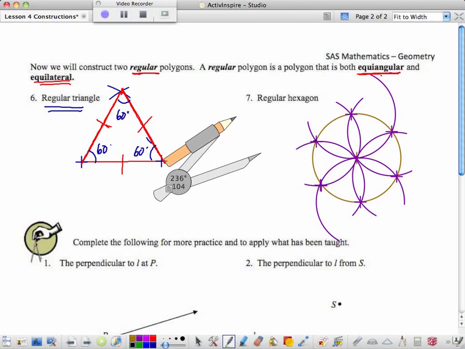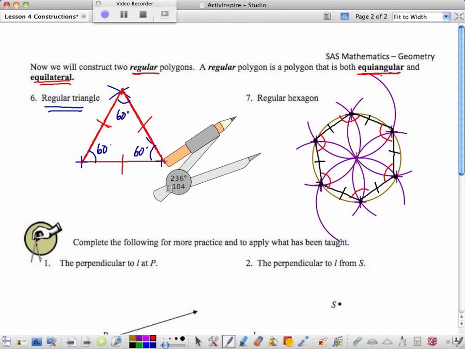Well, if you take each of these points out here on the circumference of the circle and you use your ruler and you connect them, connect, connect, how many sides did that make? Well, it's one, two, three, four, five, six. So all of these sides are the same length, and all of these angles have the same measure. So this is a regular hexagon.